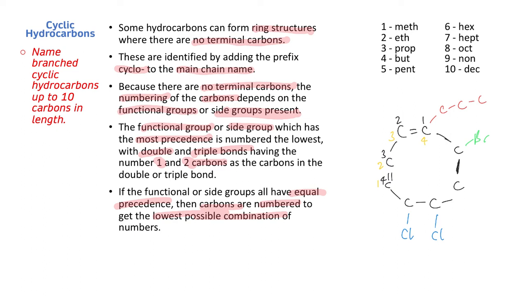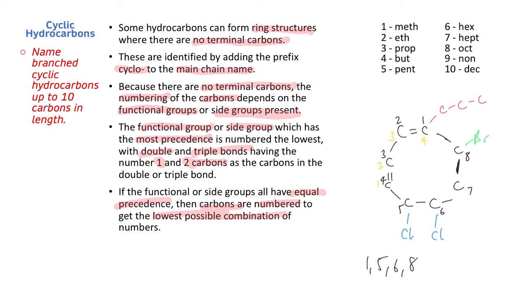If I use the anti-clockwise numbering, which is the black color, I'll have something on 1, 5, 6, and 8.